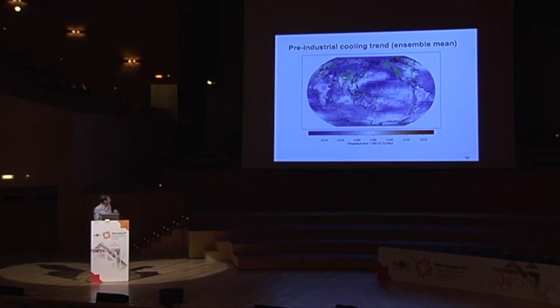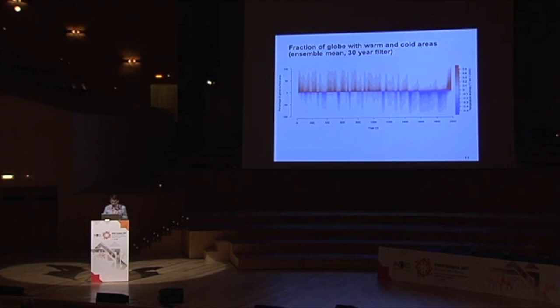And the proxy locations are indicated with those green circles. Another way of looking at this is asking what's the fraction of global area that's warm or cold with respect to the whole reconstruction anomaly. So we just take the mean of the entire reconstruction and then ask what fraction of locations over the globe are warm or cold during that era.